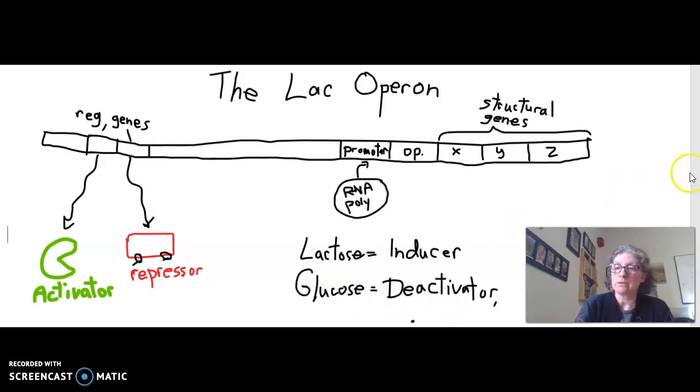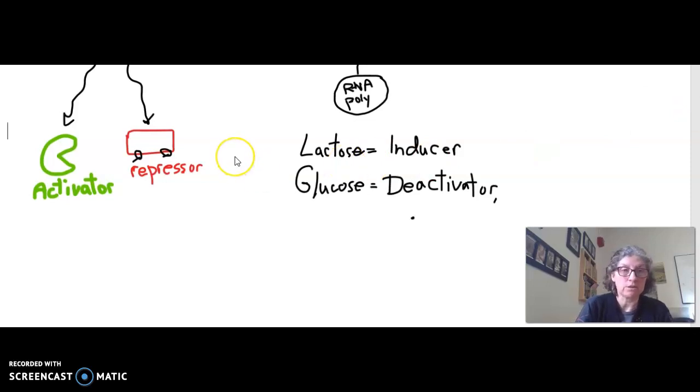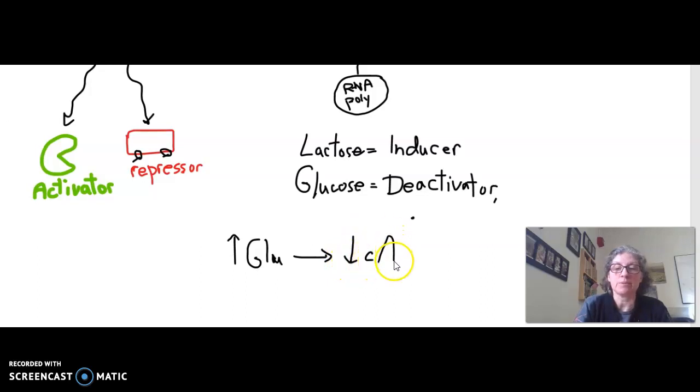So what happens with glucose is this. Glucose has an effect on the co-activator of the activator. Okay, so stay with me. When there is high glucose, when there's lots of glucose, it causes a decrease in another molecule that you might recognize called cAMP, which is that same secondary messenger that we saw in some of our signal transduction pathways in eukaryotic cells, in hormonal pathways, right?